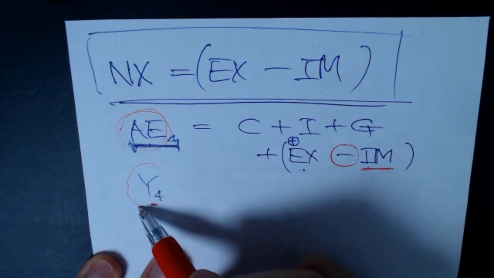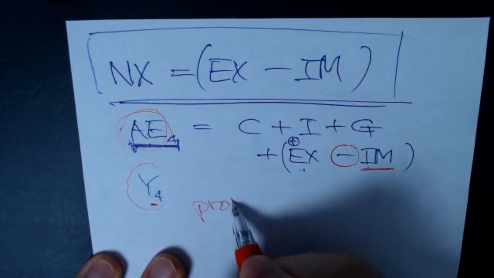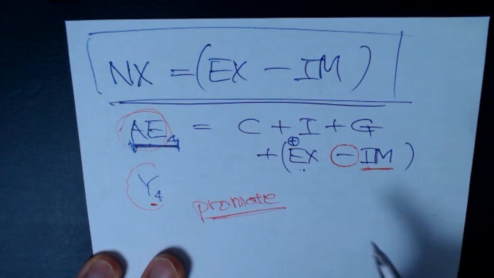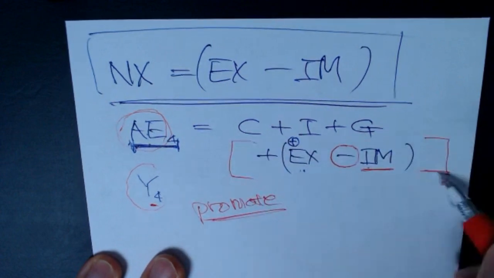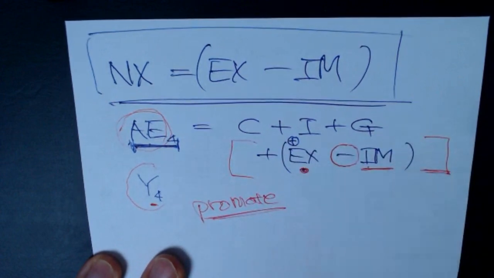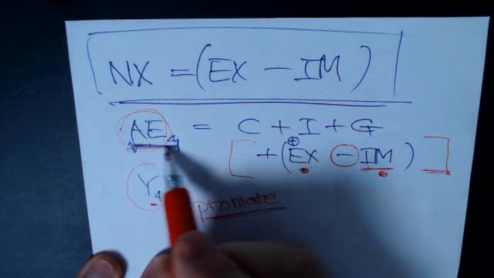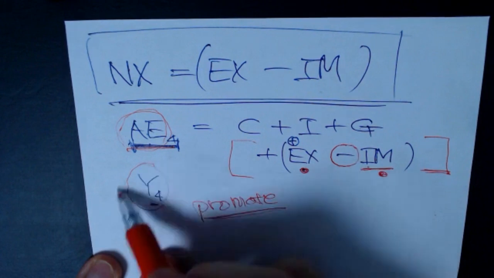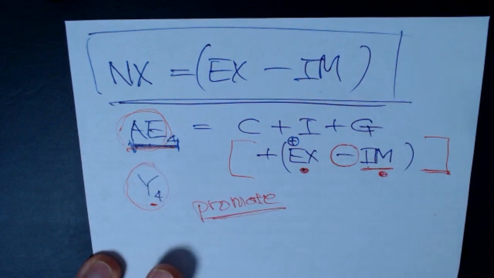So promoting economic growth depends on two things, if we consider the external sector: either making more export or reducing import. As a result, aggregate expenditure in the fourth sector has a positive impact, and then national output increases.